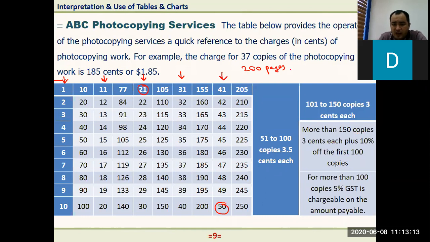So how do I calculate this? I should divide it, because in the first 100 they're giving a 10% discount. So I should write it as, let's say, 250, not to get confused.